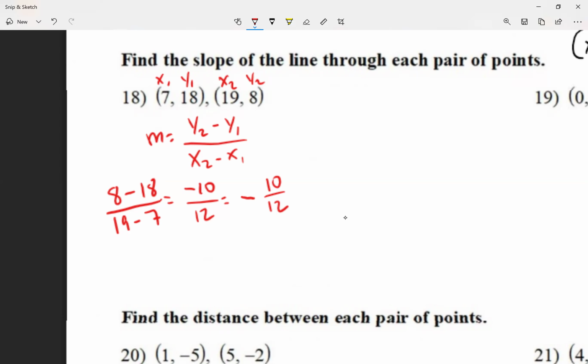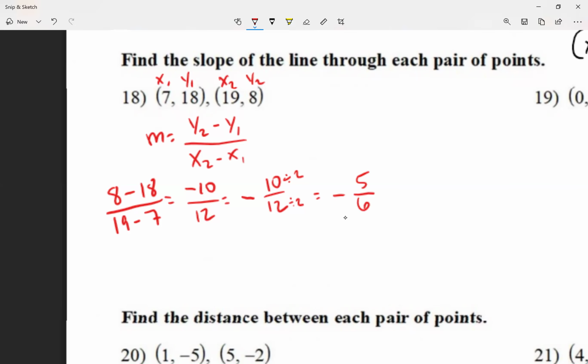Okay? Then simplify your numbers. Divide them as much as you can to make your numbers smaller, but you have to divide the top and the bottom by the same thing. In this case, let me divide each by 2 because I see they're both even. So it's going to be negative 5 over 6.